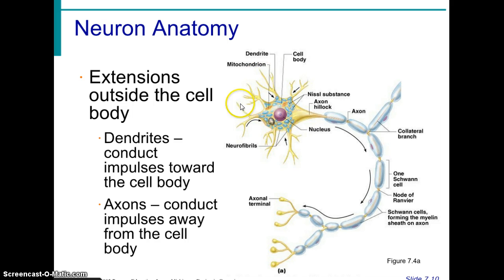So here's where information is being gathered from other neurons, and then it's being sent towards the cell body, and then eventually will be conducted away from the cell body in the axon structure here. So dendrites conduct information towards the cell body, axons carry that information away from the cell body.